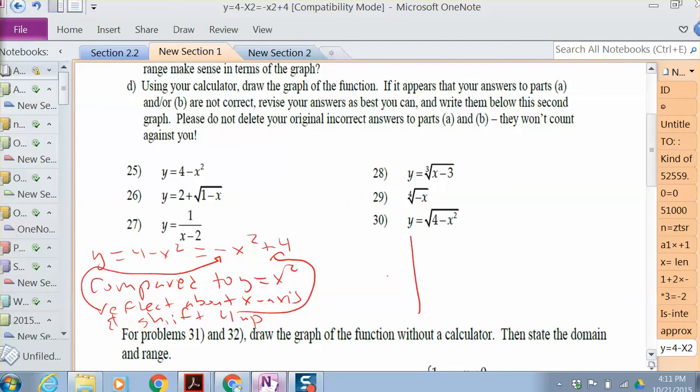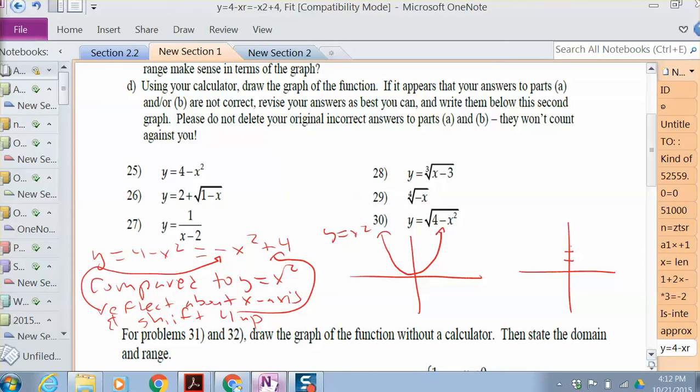So here's y equals x squared. So if I reflect about the x-axis and shift 4 up, I'm going to expect my vertex to be at 0, 4. And if I take another point like 1, 1, reflect about the x-axis, and that's at 1, negative 1, and shift 4 up, now it's going to be at 1, 3.